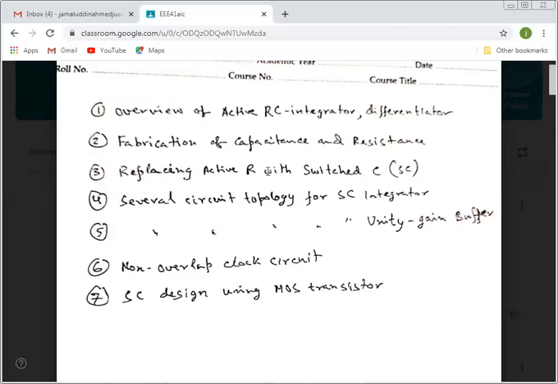So we are going to discuss today about switching capacitance circuit, switch capacitor circuit, SC circuit.